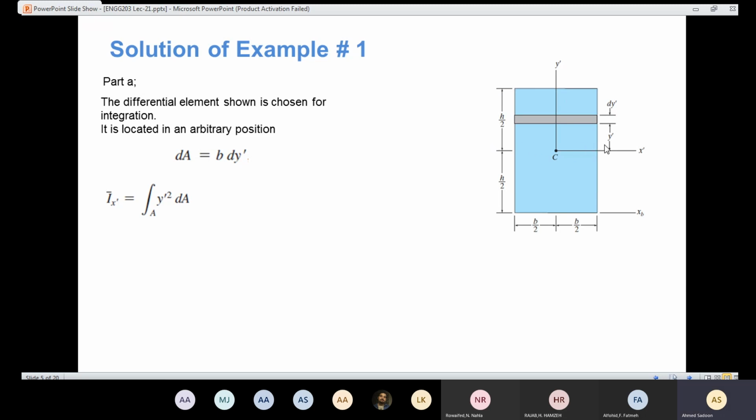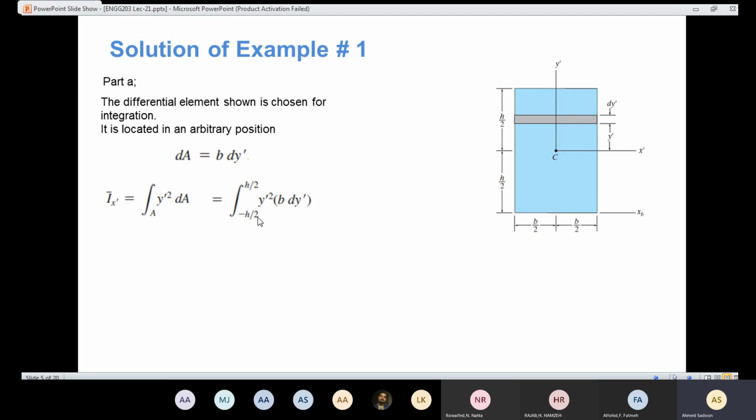And the integration limit here is very important. You need to take care about it. Your reference is here, and you need to take the moment of inertia for this part and that part. In that case, I'm going to integrate from here to here. If this one is a reference, that means this direction is going to be minus and this direction is going to be positive. So I'm going to integrate from minus h over 2 to positive h over 2.